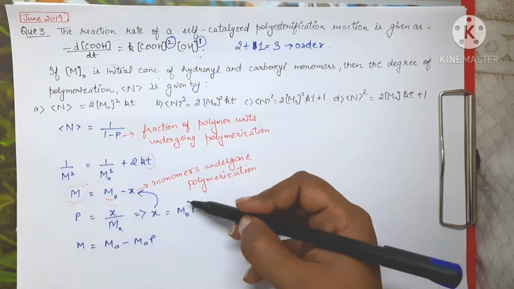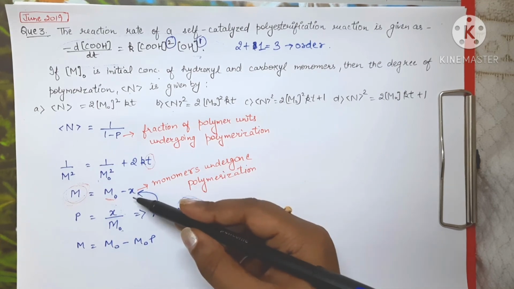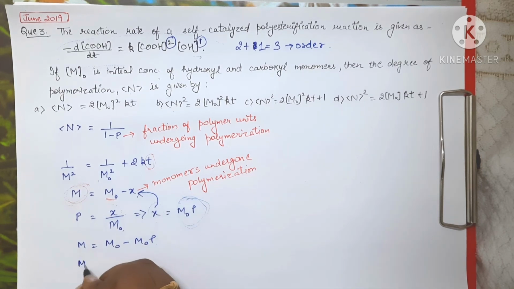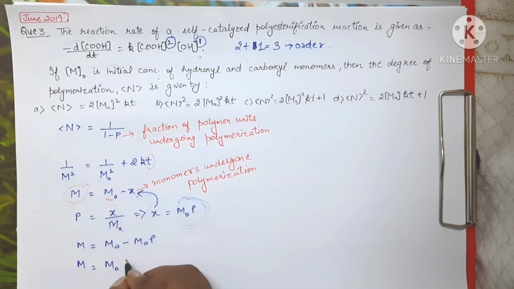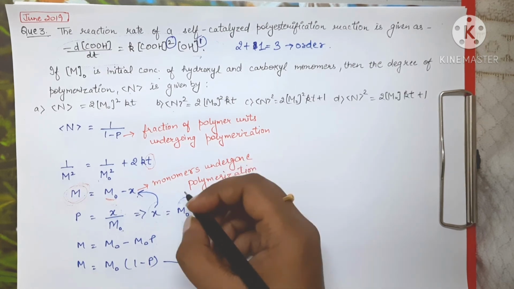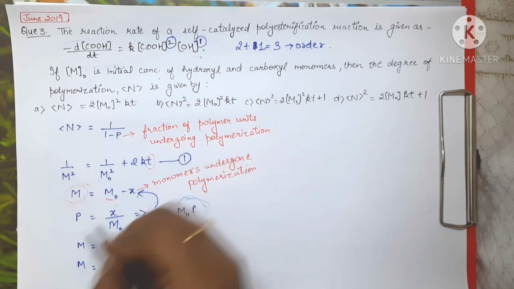I have simply substituted x equals m naught p in the above equation. From here you can take m naught common, so you will get m is equal to m naught into 1 minus p. Take it to be equation number 2, and this standard equation was equation number 1.